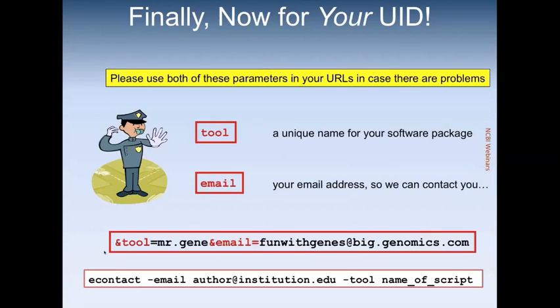So tool is meant to be the name of your software package. Now, if you're not developing a software package, you can just make up a name and give it to us. But it identifies all of your different queries and URL calls as coming from that same application. So if you're just writing a script, you can give the script a name, and that way we can associate those calls with that particular script.